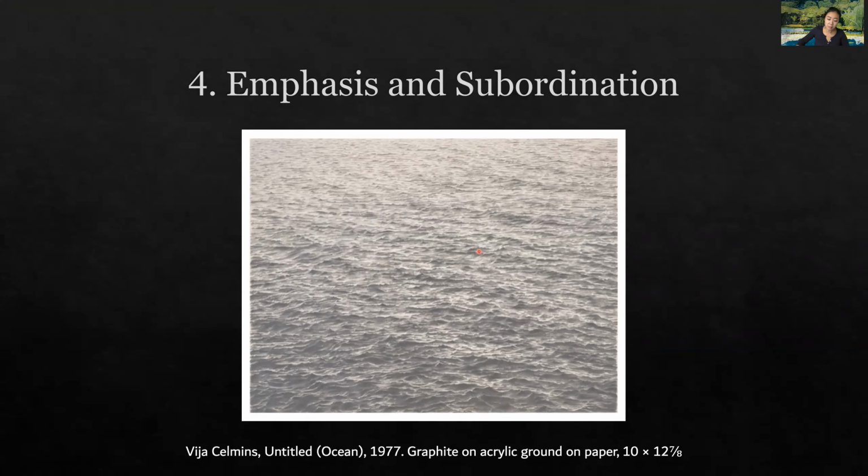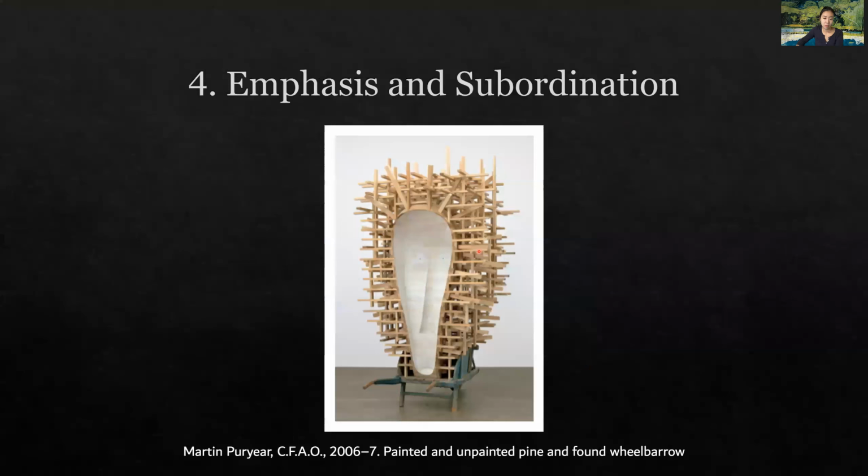So sometimes an artist is interested in emphasizing an entire work in its wholeness, like this work of art. The whole gentle waves are emphasis in this work of art. And emphasis can also be used to draw attention to a large portion of a work.